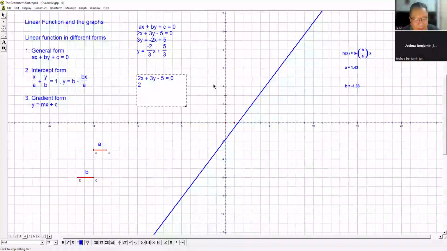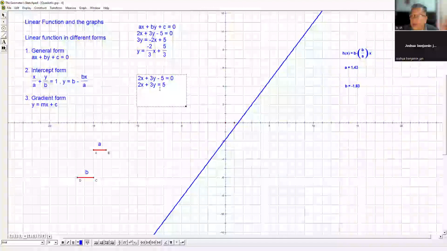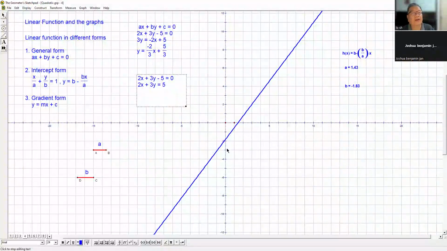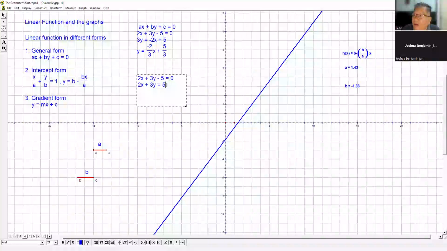So it will be something like 2x plus 3y equals to 5, right? So you see the x and y are on the left-hand side, the number on the right-hand side. Now, for intercept form, the number on the right-hand side must be 1. So I divide by 5.